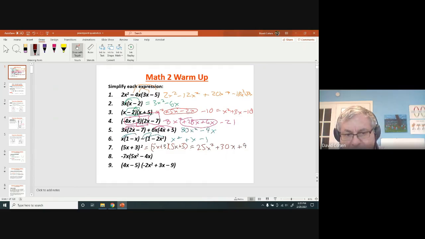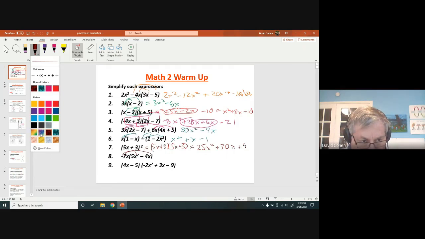Here's a simple distribution. The trick, I think, is to remember this negative 7. And we're going to use a term that you may not be used to. We'll start seeing that in polynomials, which is the next unit. Let's use star. That's kind of cool. Negative 7x times 5x squared.